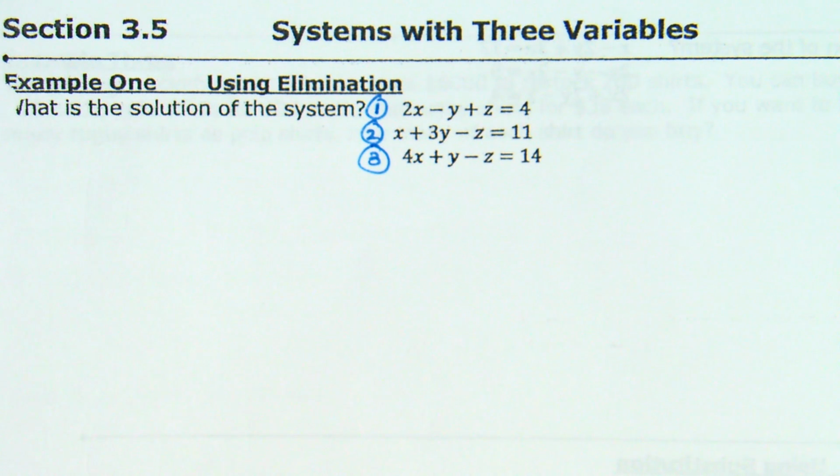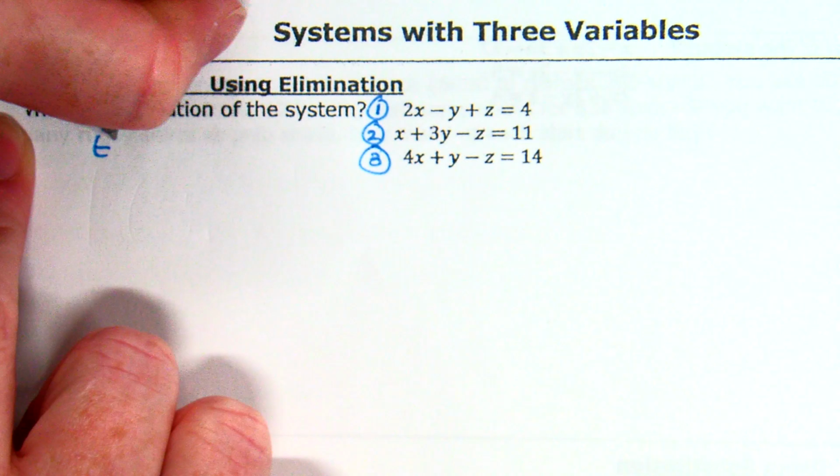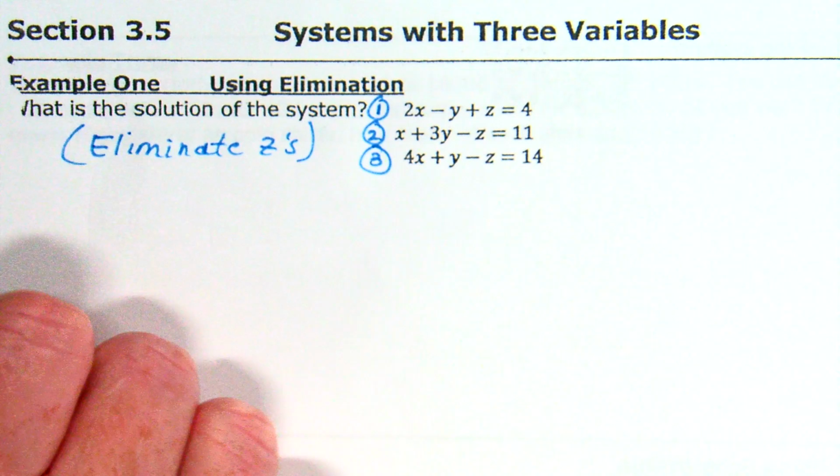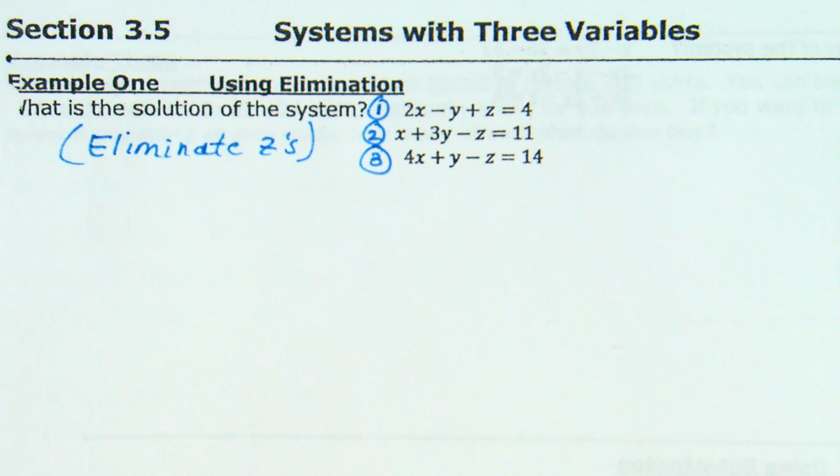The z's, because they're all 1z's. Some are positive z's, some are minus z, but they're all 1z's. So on this example, I'm going to pick to eliminate z's as our first step. Somebody else may pick something different, but that's what we're picking as a class here.